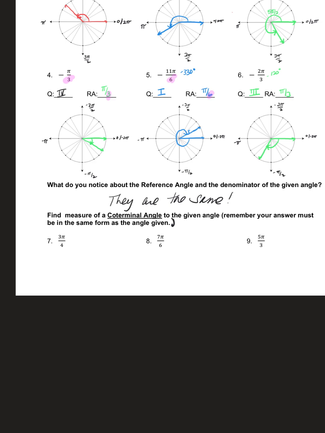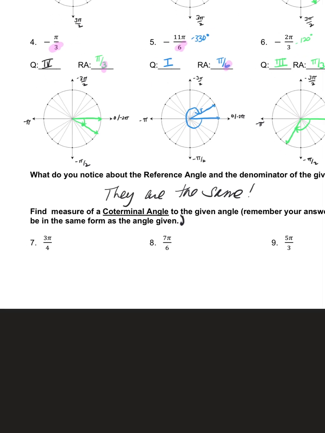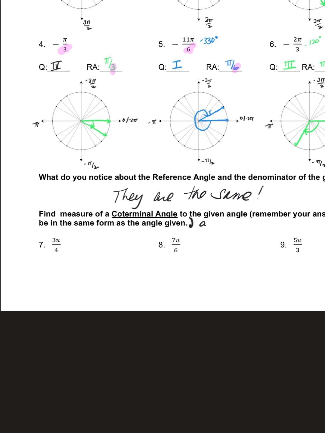So I'm just going to write it just like we did before, just a little shorter. So we did angle plus or minus, and here we're going to have to do 2 pi, not 360.